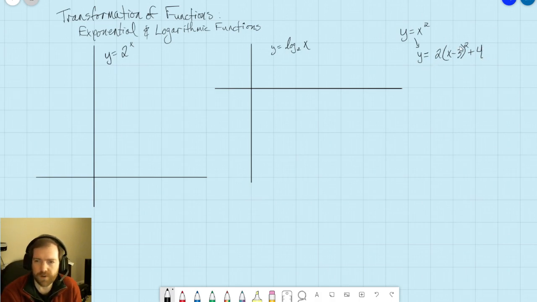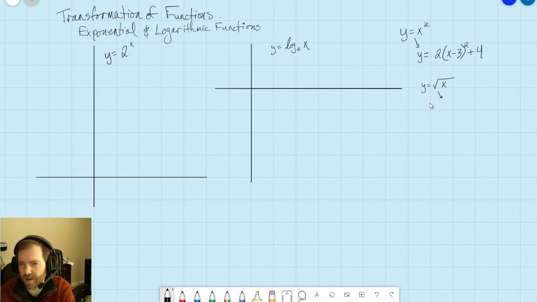So y equals 2 parentheses x minus 3 all squared plus 4 gets us this transformation of a quadratic function. And we can do the same with any other function that we want. We could do a radical. So square root of x can become something like y equals 2 times the square root of x minus 3 plus 4.